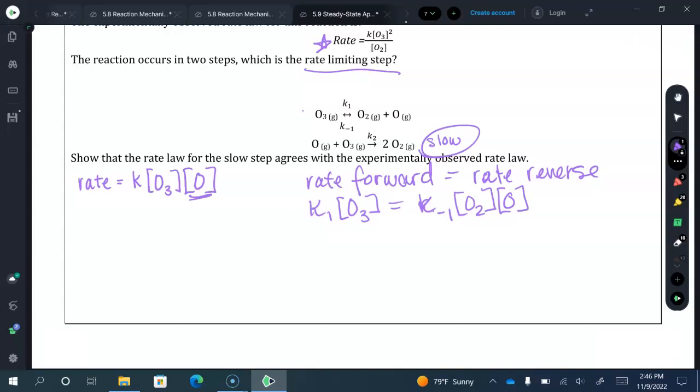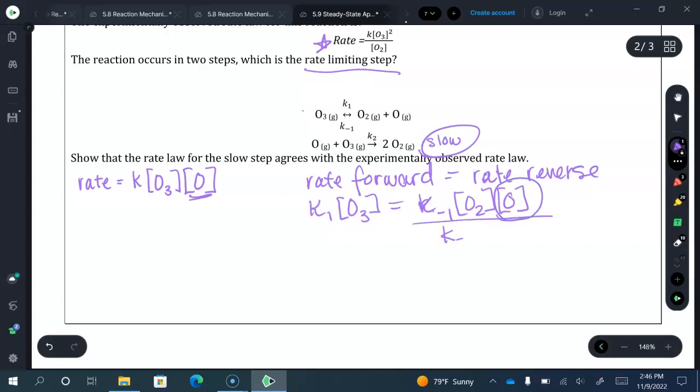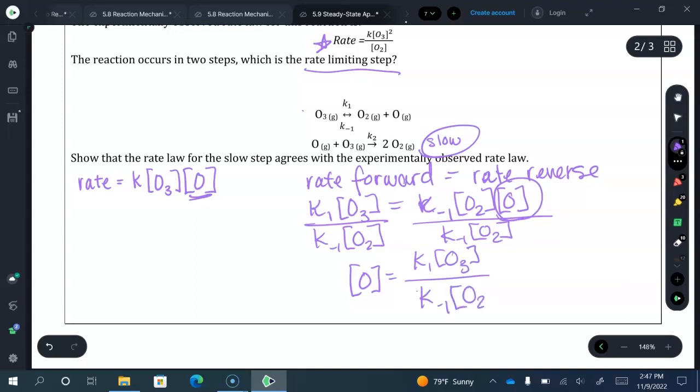Now I need to get rid of the oxygen atom in my overall rate law expression, so I'm going to solve for this one. That means I'm going to divide both sides by K negative 1 times oxygen gas concentration. And so I should end up with my intermediate being equal to K1 times O3 over K negative 1 times O2.